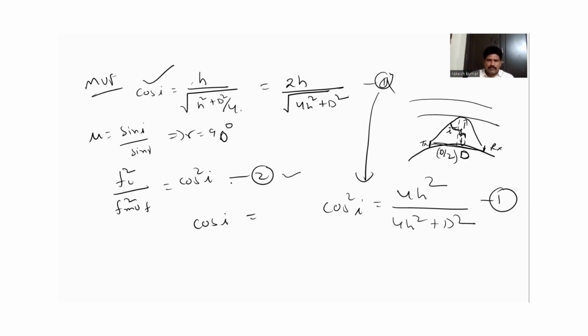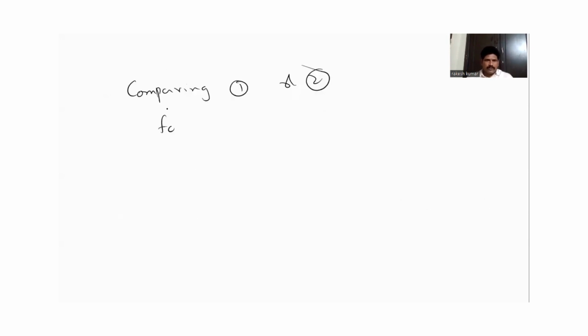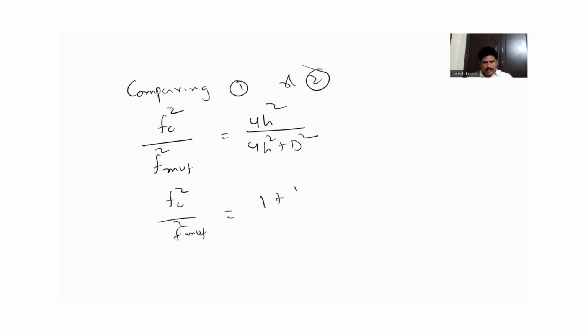Now comparing 1 and 2. Expression 1: cos square I is equal to 4h square by 4h square plus d square. Expression 2: cos square I is equal to fc square by f square. Therefore, fc square by f square is equal to 4h square by 4h square plus d square, so fc square by f square is equal to 1 plus 4h square by d square.